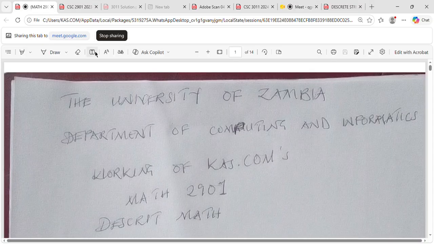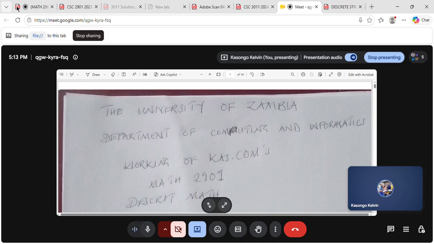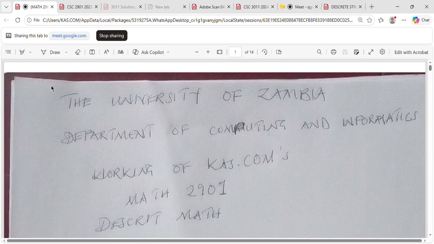So the first question in this was, suppose P and Q are statements that can evaluate to true or false. I hope you guys have opened that on your end. I can't really open it on my laptop.